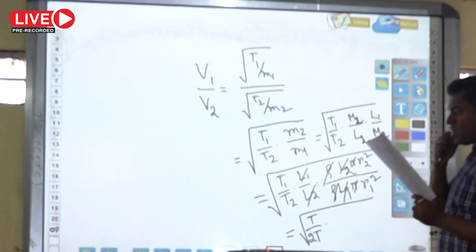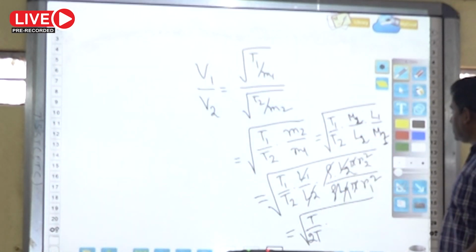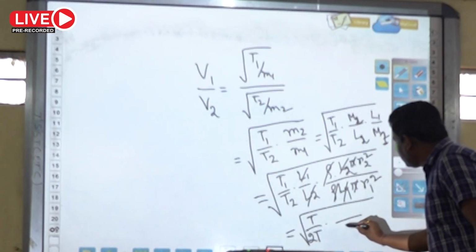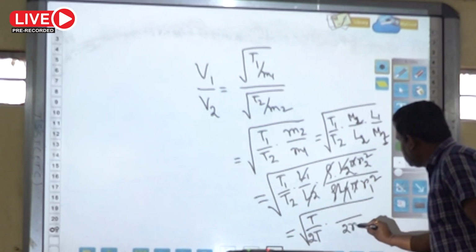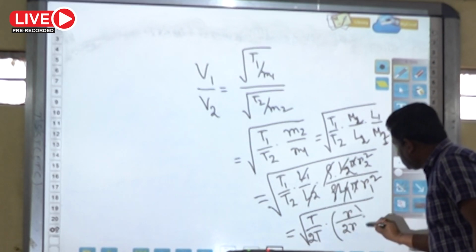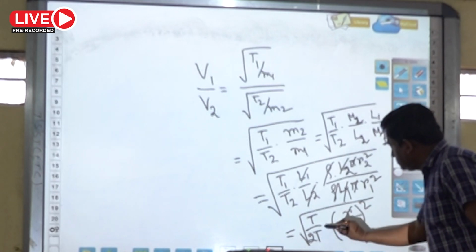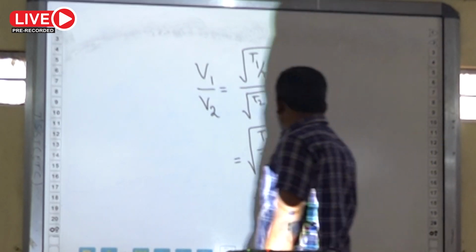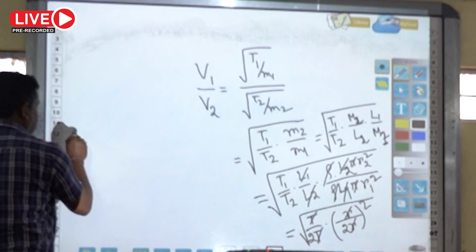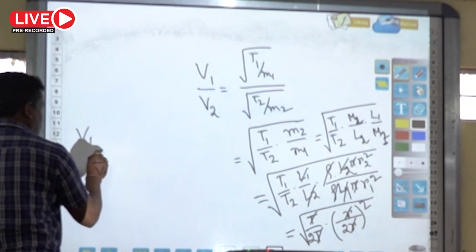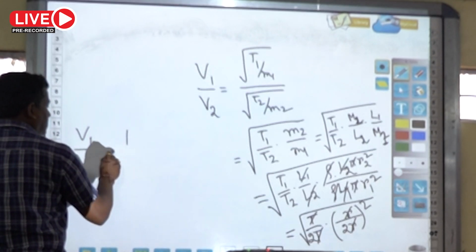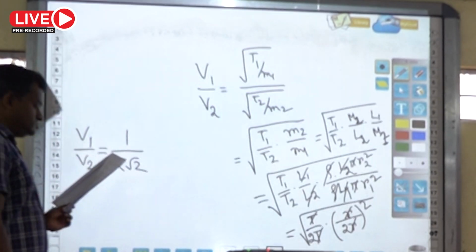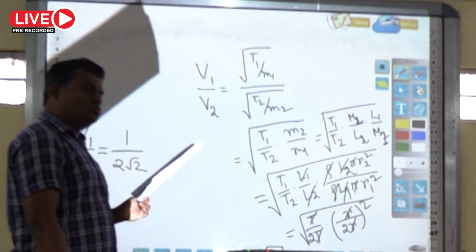And diameter of A is twice that of the diameter of B, so radius is also doubled. So R1 is 2R, R2 is R, and we square them. So V1 by V2 is coming 1 by 2 root 2. So 1 is to 2 root 2 is the answer.